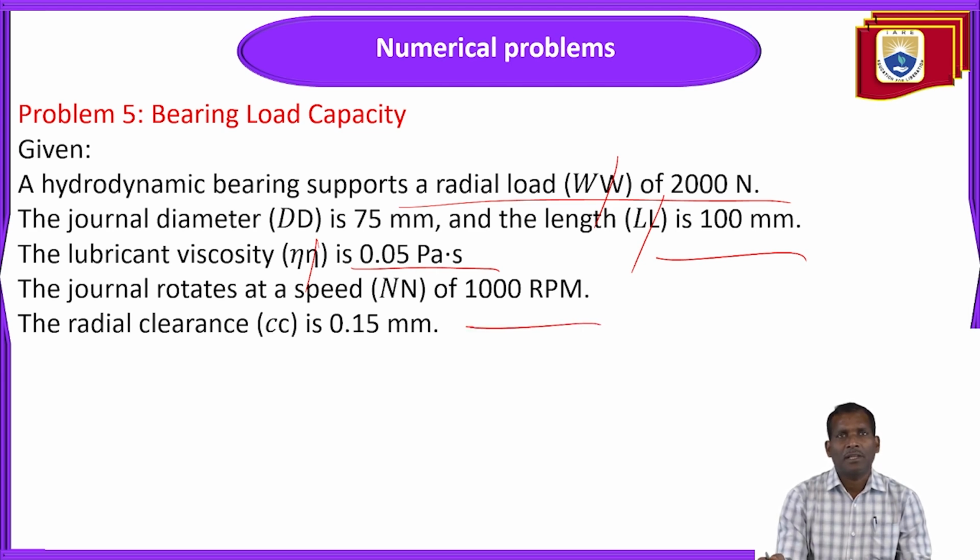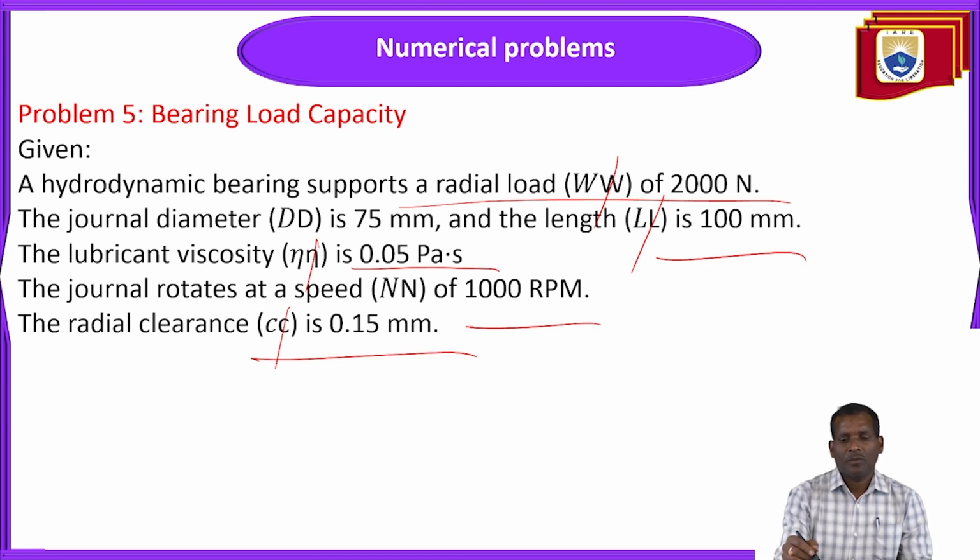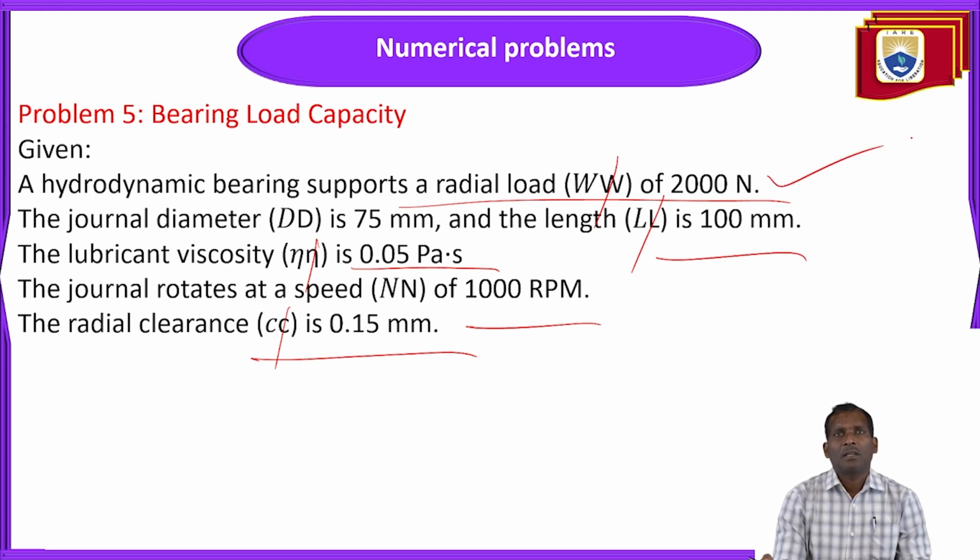The radial clearance is 0.15 mm. So the given data is the radial load, the journal diameter 75 mm, the length 100 mm, lubricant viscosity 0.05 Pascal second, speed 1000 rpm, and radial clearance 0.15 mm.